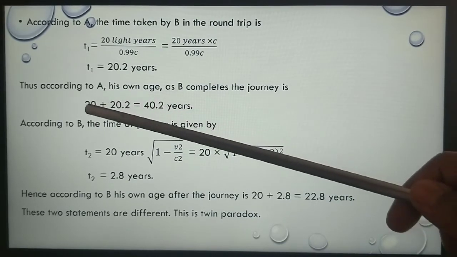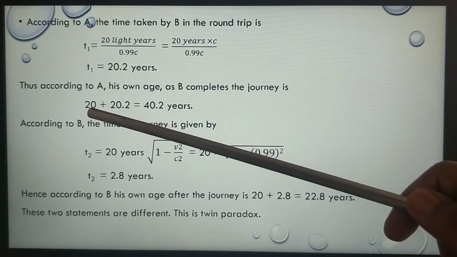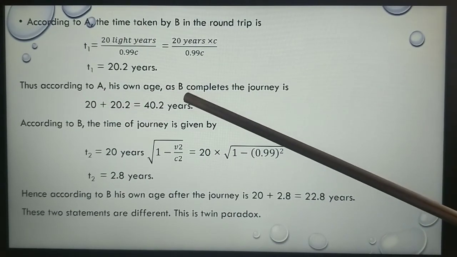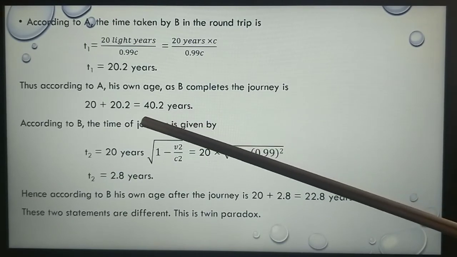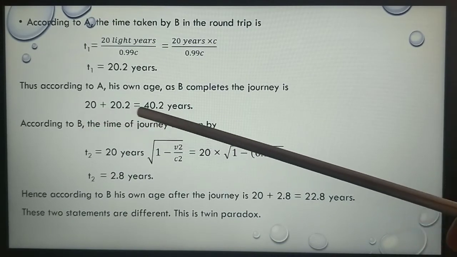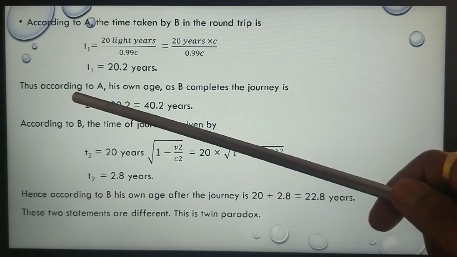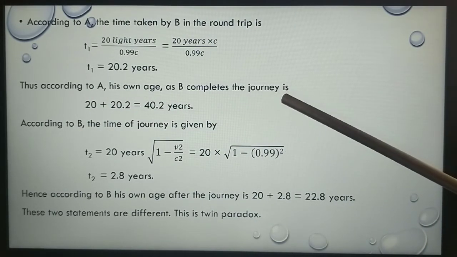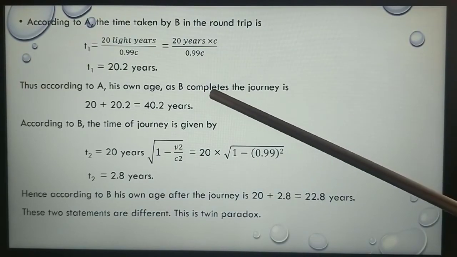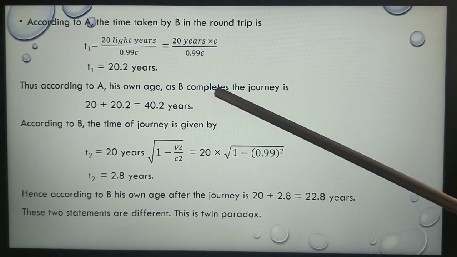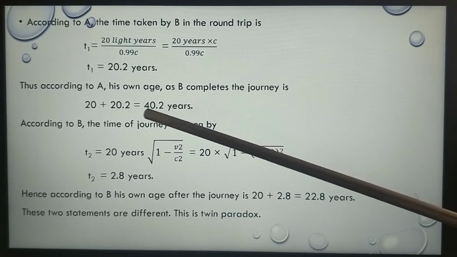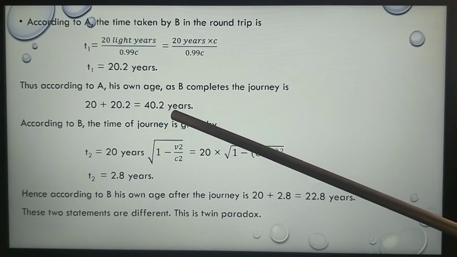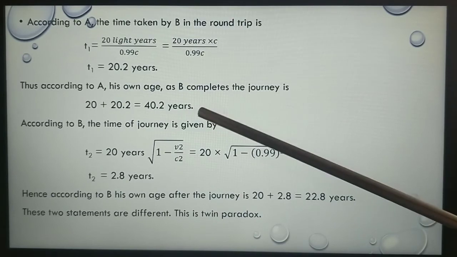This 20 is the original age, that means the age of A, and also the age of B. So according to A, his own age when B comes back to the earth after the journey is 20 plus 20.2, equal to 40.2 years.